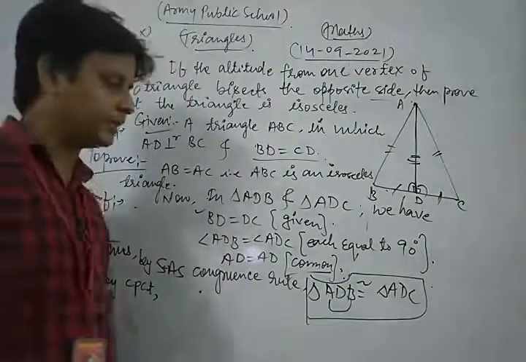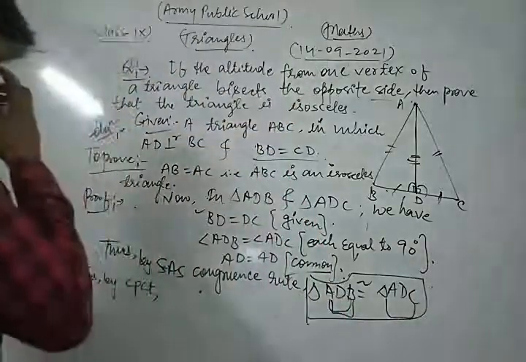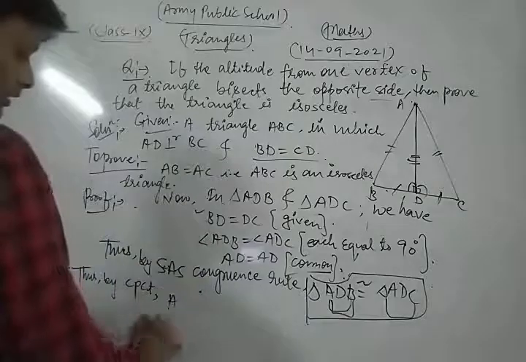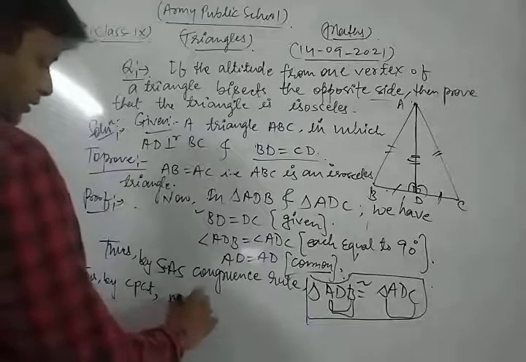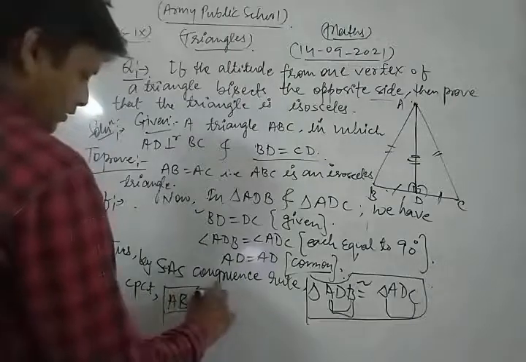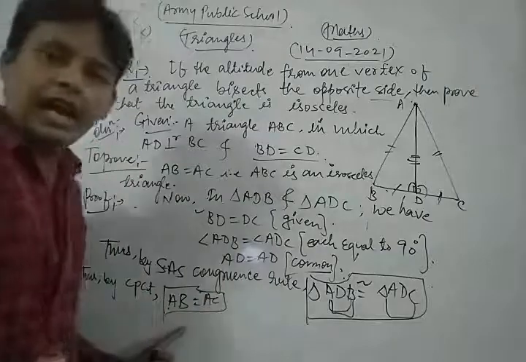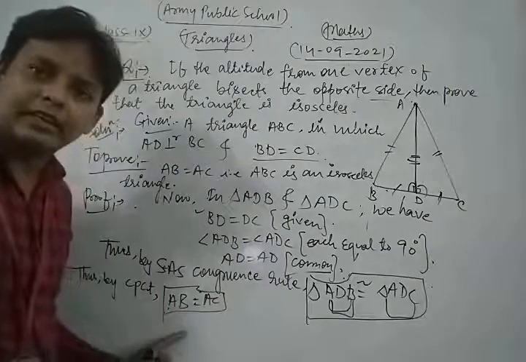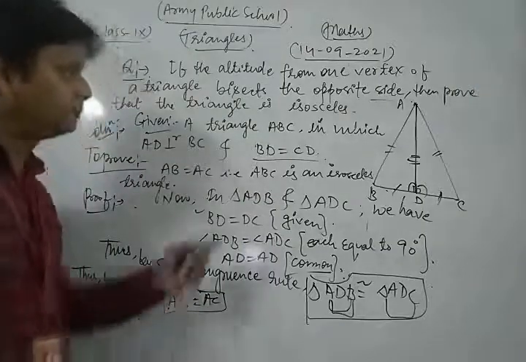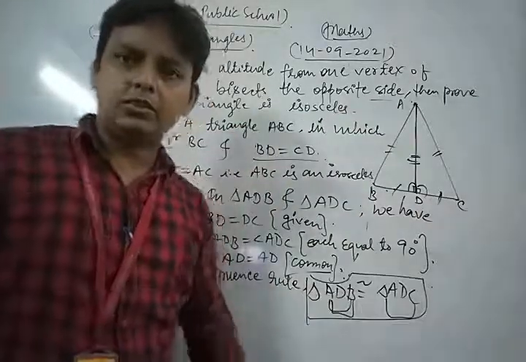This is the concept of CPCT. So AB is equal to AC. Thus, the triangle ABC is an isosceles triangle. In this way, we can say that triangle ABC is an isosceles triangle.